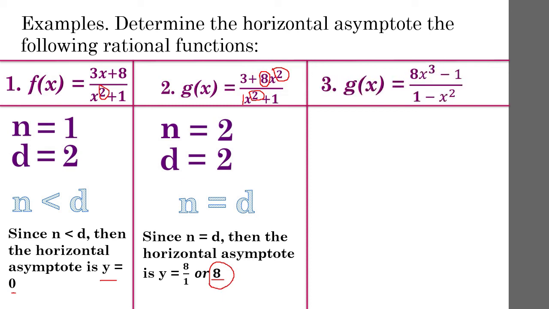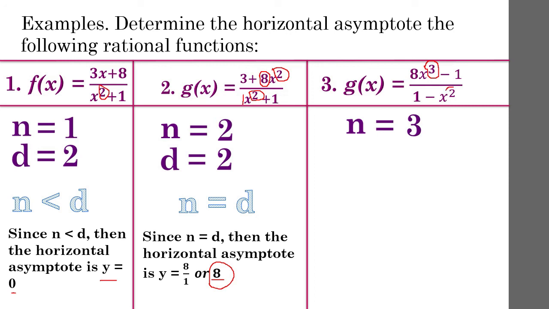Number 3, g of x equals 8x cubed minus 1 over 1 minus x squared. Let us now determine first the degree of the numerator. What is the highest exponent of the term in the numerator? So the highest exponent of the term is 3, and therefore the degree of the numerator is equal to 3. So what is the highest exponent of the term in the denominator?